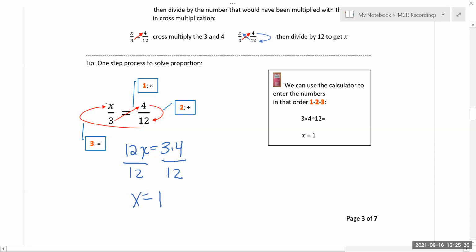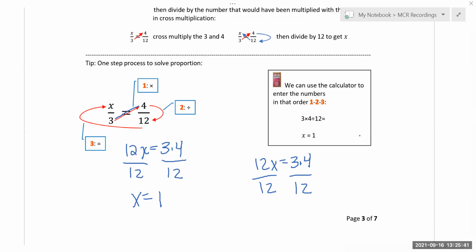So again, it's going to end up being the two numbers that don't have the variable multiply, and then you divide by that final number. If you like it fully written out, by all means do that, but it's the same process. Okay, and on the calculator over here, you can type it as 3 times 4 divided by 12. You can type that directly in that calculator.